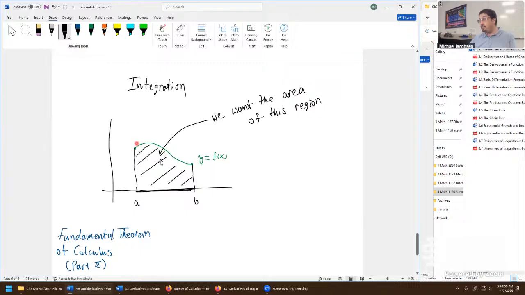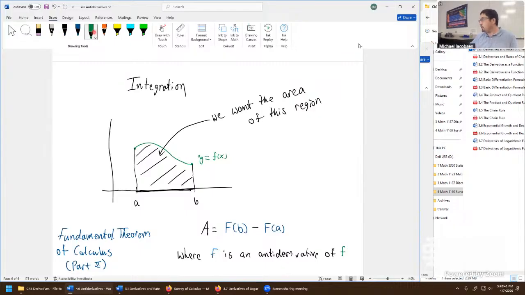The area of this bounded region that we highlighted here is going to be equal to F at b minus F at a, where F is an antiderivative of the lowercase f function in green.